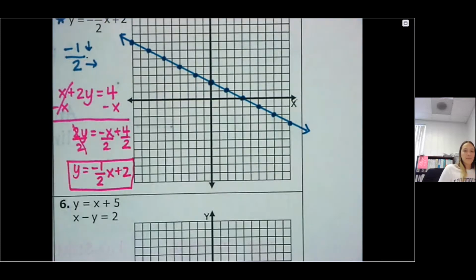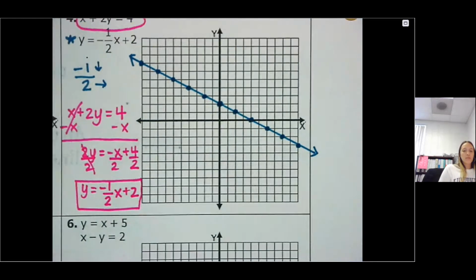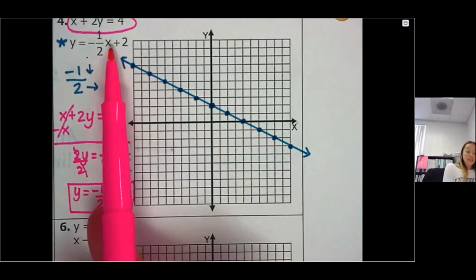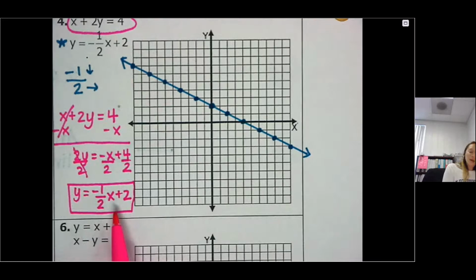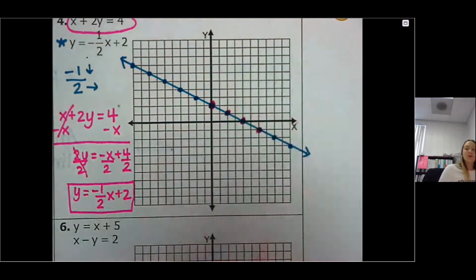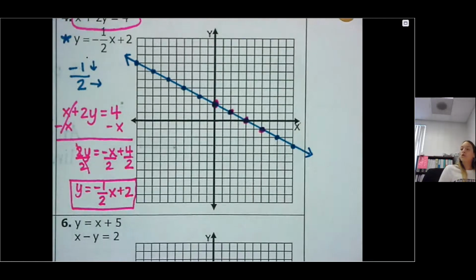Now, hold on a second. What do you notice? It's the exact same equation as this one. That means if I went to graph this one, the pink one would go right on top of it. It would overlap. So, do you have one solution, no solutions, or many solutions? You've got many solutions.